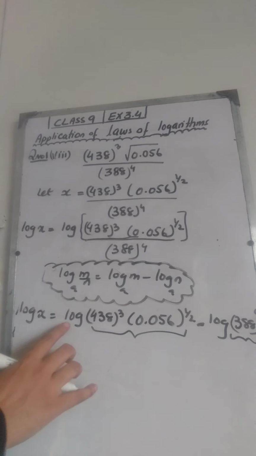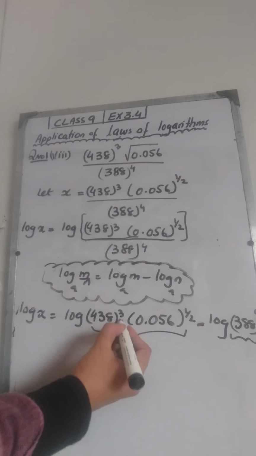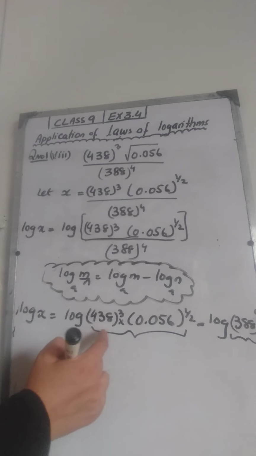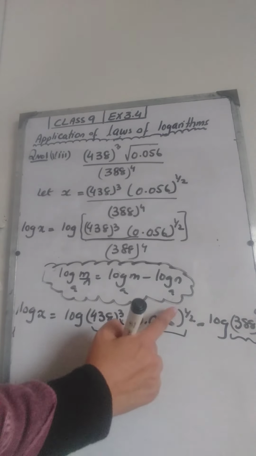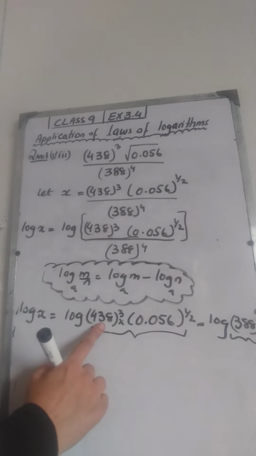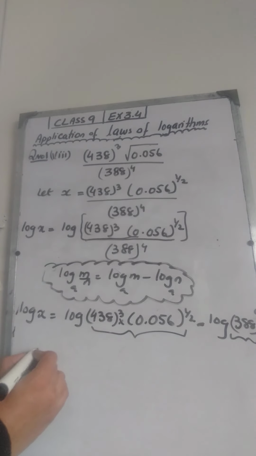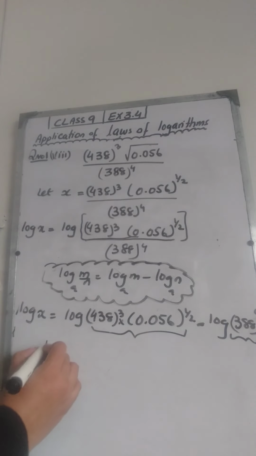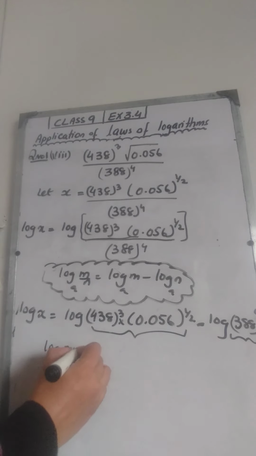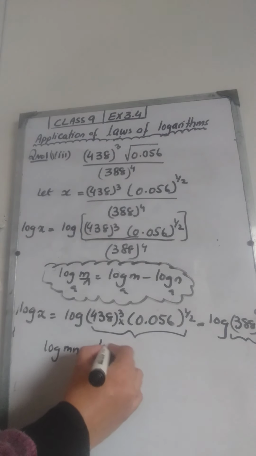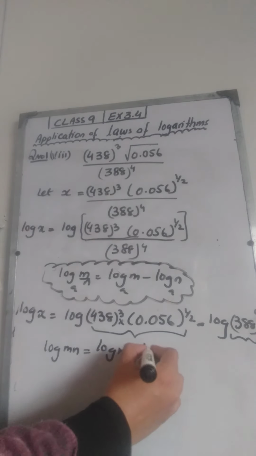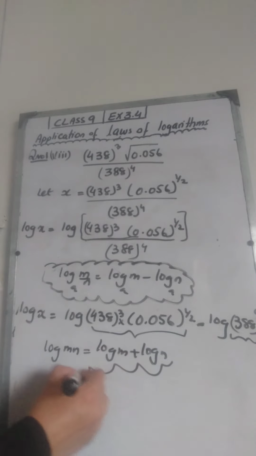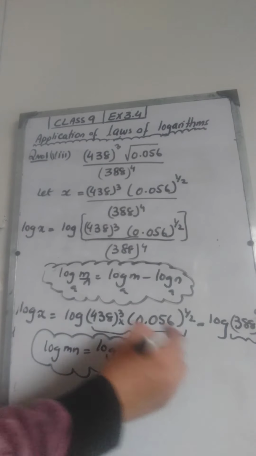Now in the next step, log is applied to the product of these two numbers. So here m is this number and n is this number. Log of m into n will be log of m plus log of n. So applying the product law, that is log of m into n is equal to log of m plus log of n, this is the law that we are going to apply on this expression.